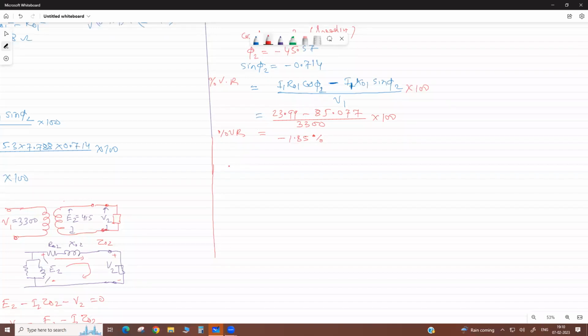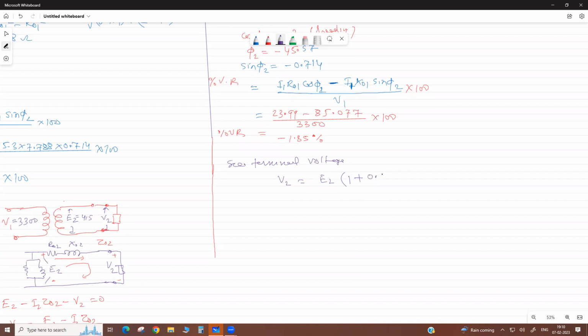In that case, directly you can write V2. We calculate V2, the secondary terminal voltage. V2 equals again the same E2 into 1 minus, now minus becomes plus, because it is negative percentage drop, and negative means positive.